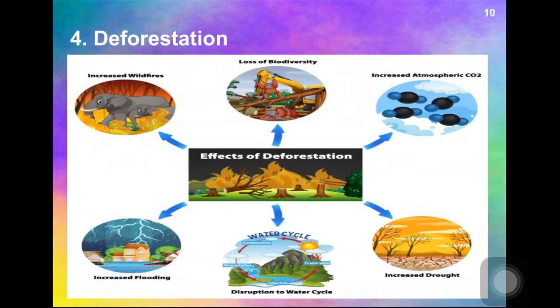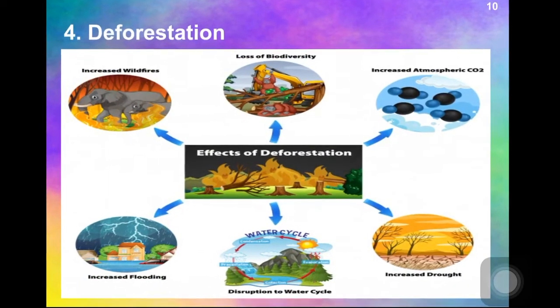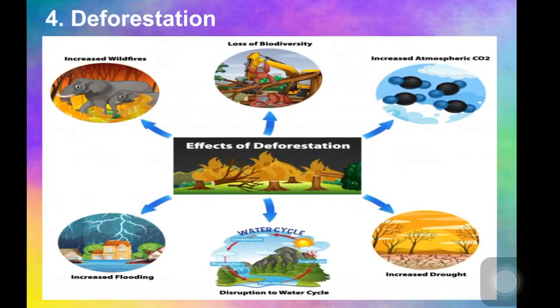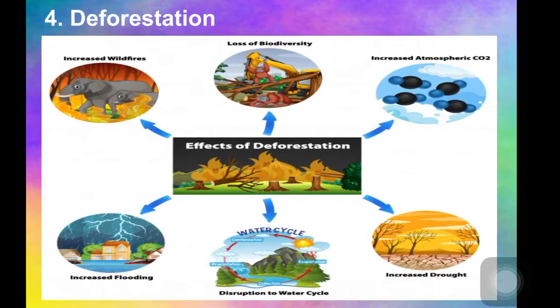The next is deforestation. Deforestation affects the atmosphere in more than a few ways. Forests act as a sponge for carbon dioxide. Trees amass carbon dioxide in their plant tissues as they take in this gas to undertake food making.